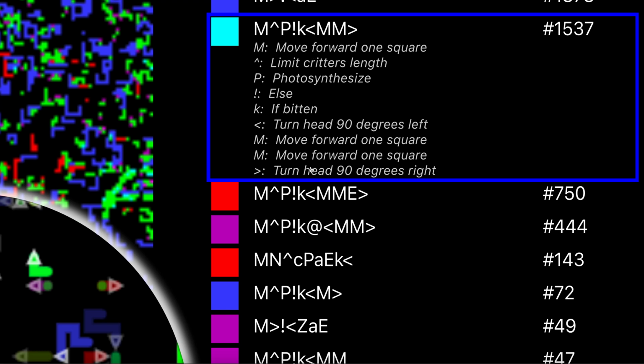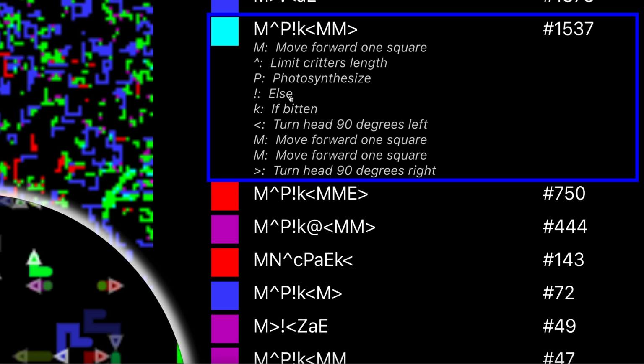So if it's bitten, it's going to try to sort of evade. And then photosynthesize. And then do nothing. So the else just immediately goes to the if. So basically, if bitten, it's going to do all these things. Otherwise, nada. Kind of interesting.